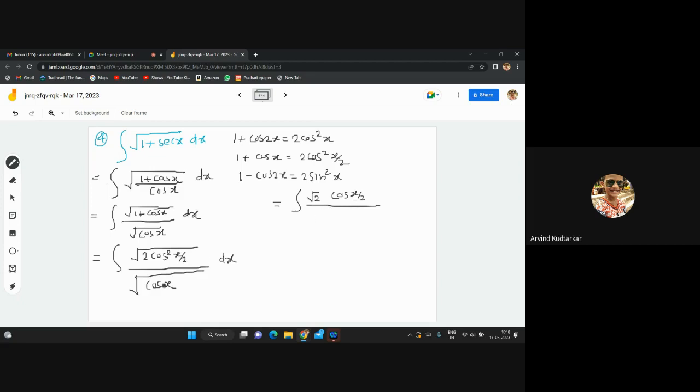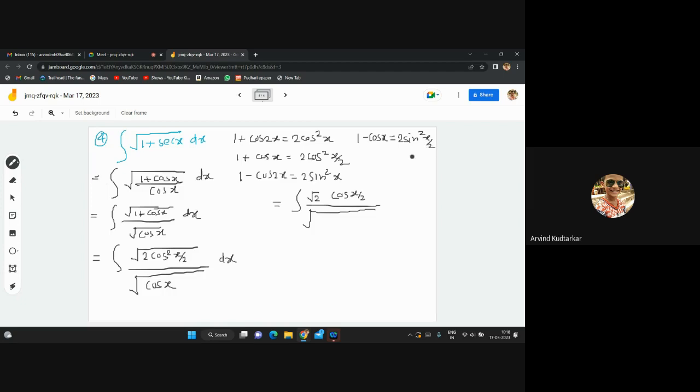Now this cos x, you have to write in the form of sin, because the derivative of sin is cos and it is already there in the numerator. So hence we have decided to express the term of cos x in the form of sin. And how to express it in the form of sin? This is the formula: 1 minus cos of 2x is 2 sin square x. So 1 minus cos x, dividing the angle on both the sides by 2, is 2 sin square x by 2.